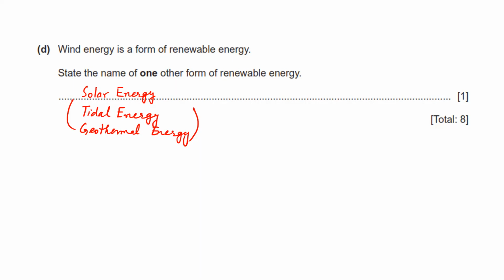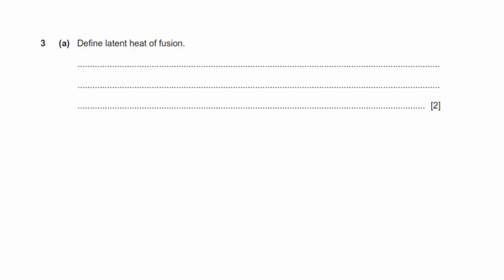Okay, so moving ahead, question number 3: define latent heat of fusion.